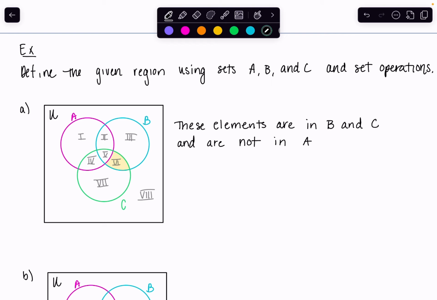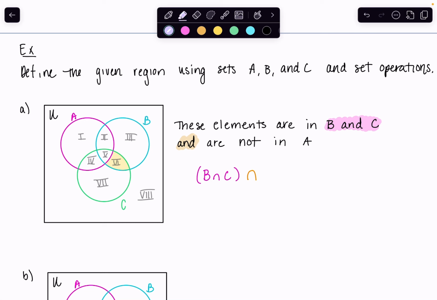Okay. So the way I would need to write this is take it piece by piece. If they're in B and C, that means they're in the intersection of these two sets for sure. Okay. The "and" here then tells me take the intersection as well.